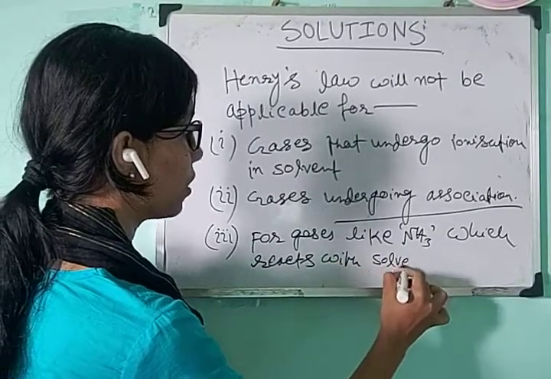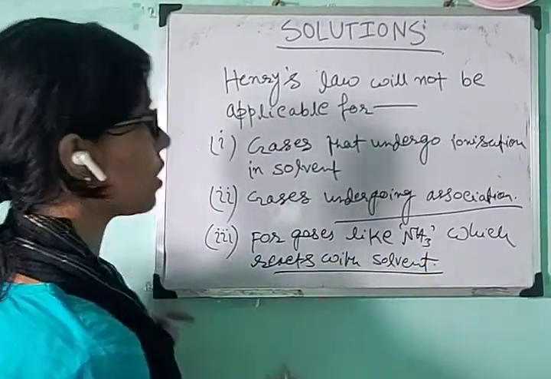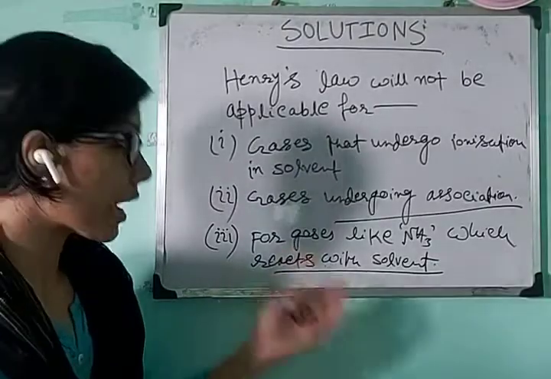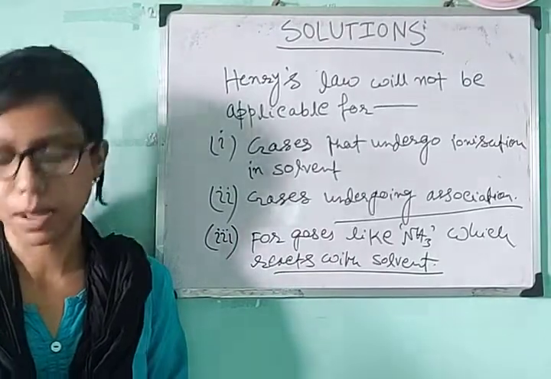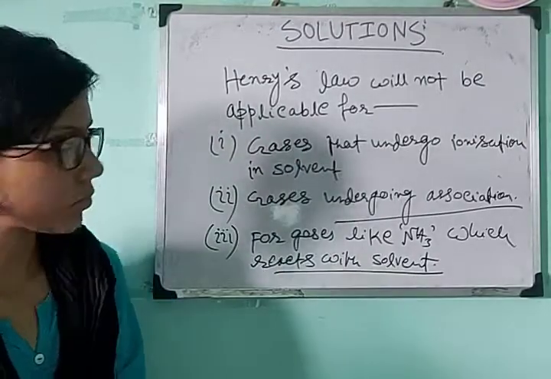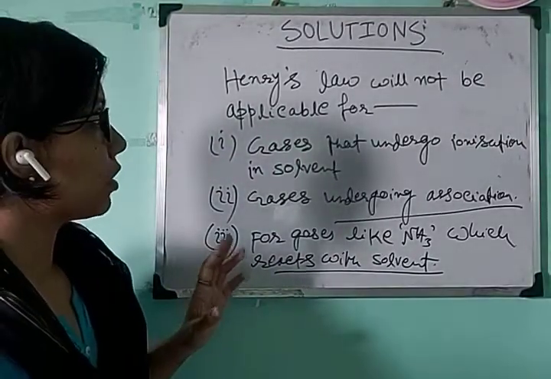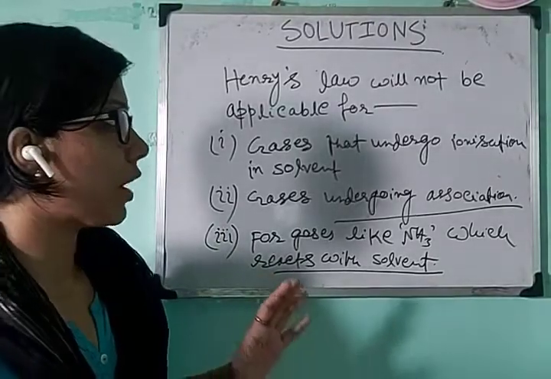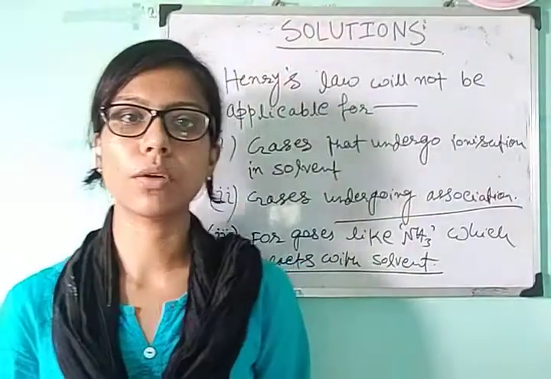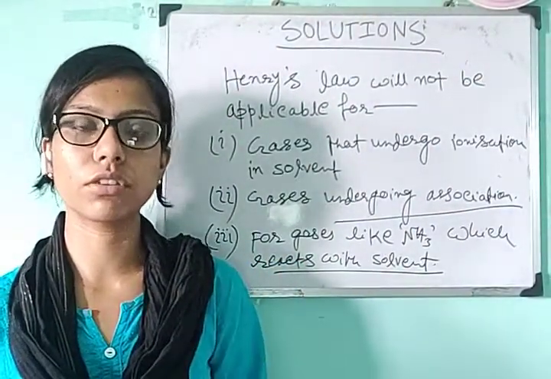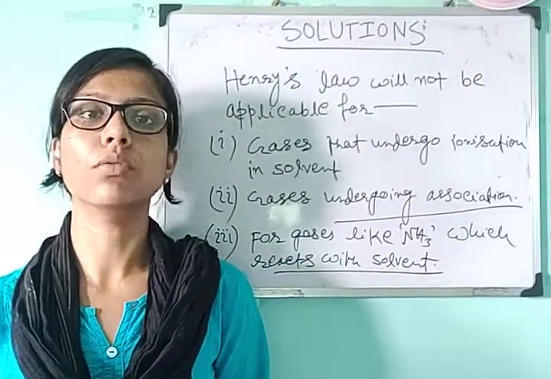So if the gas undergoes dissociation or association or any reaction with the solvent, then Henry's law will not be applicable. So this is the total Henry's law and some factors that affect it. In the next class we will discuss ideal solutions, non-ideal solutions, and in that respect Raoult's law.